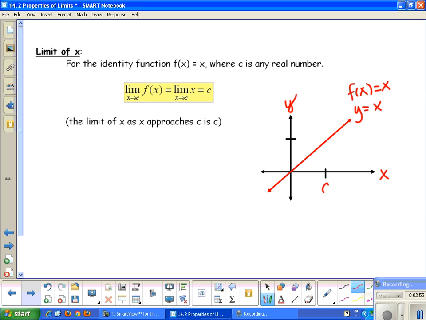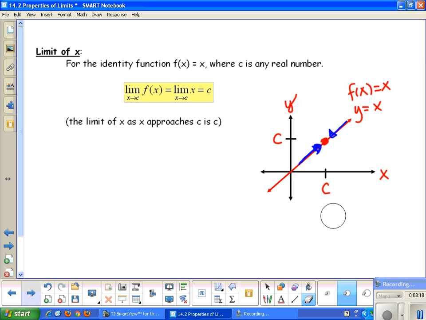So if this is c right here, and we're trying to find this value right here, then we would just say, again, the limit as x approaches the c value from the left side and the right side. So this would be the right side and this would be the left side. Notice that on our graph, we would meet at the same place. Where are we meeting at? We're meeting at a y value of c.